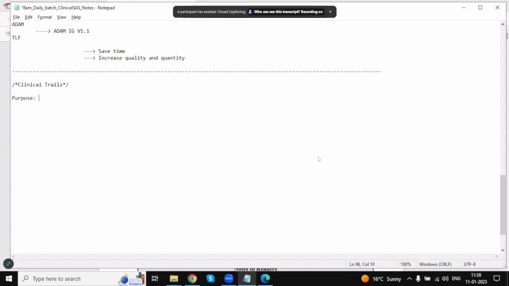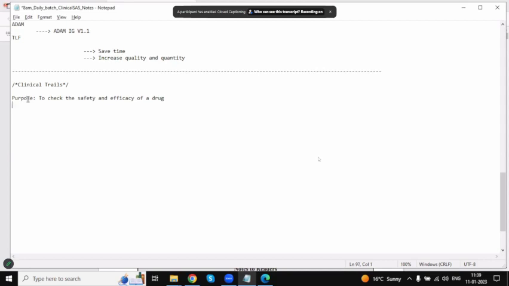Both, to check the safety and efficacy. Safety is important, right? Safety and efficacy of the drug. The main purpose of the clinical trial is to check the safety and efficacy of the drug.